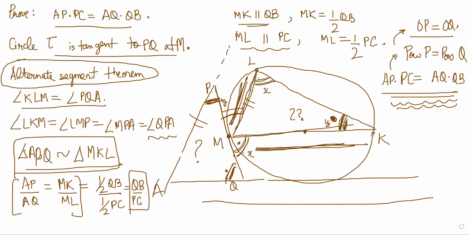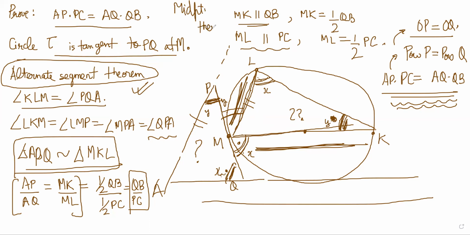So that alternate segment theorem was important, because if you got that, then with parallel lines, this angle is equal to this angle, and this angle is equal to this angle. Parallel lines we already had by midpoint theorem.